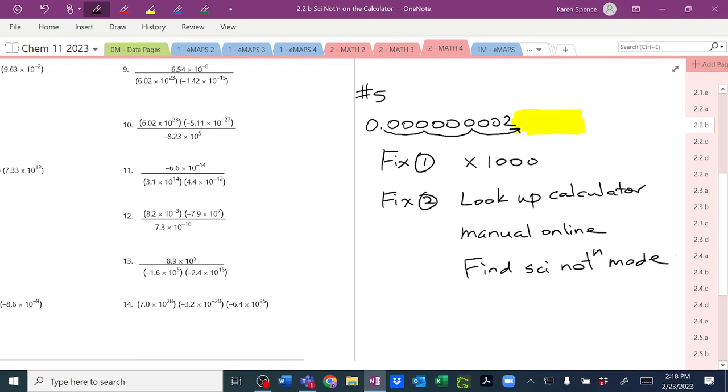Okay, it might be a different color because it's an E and not an S. Oh, okay, hang on.